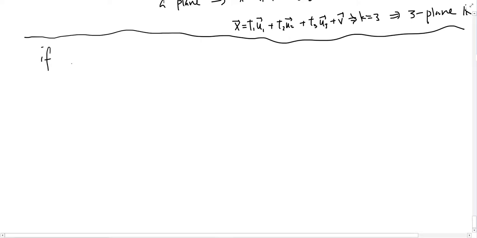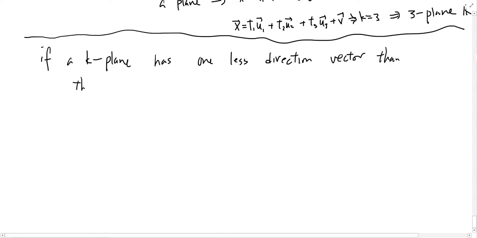If a K-plane has one less direction vector than the dimension it is in, then it is referred to as a hyperplane.